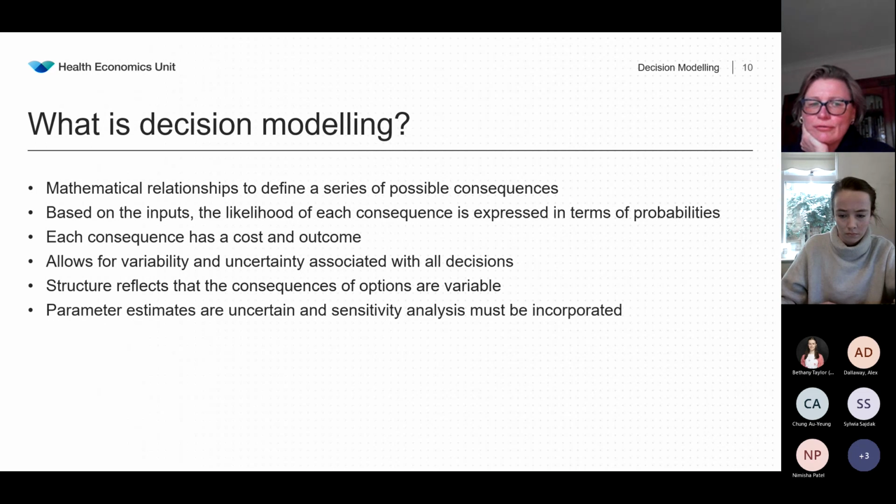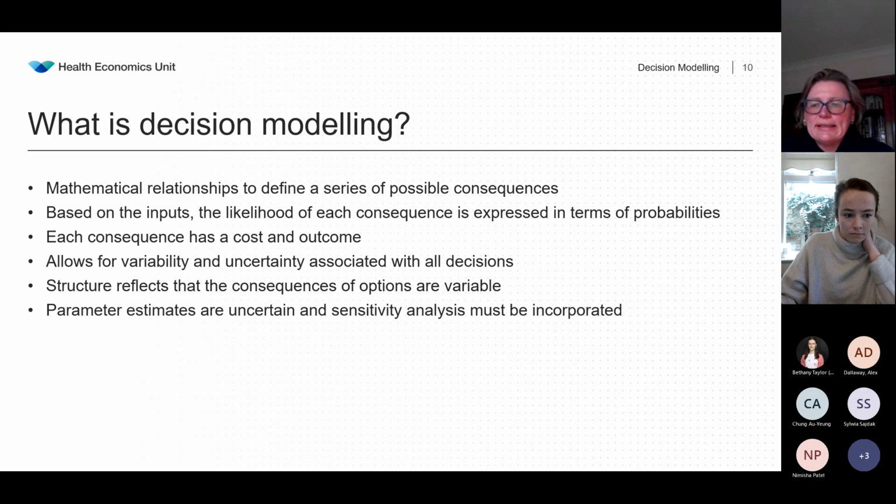Decision modelling also allows for variability and uncertainty associated with the decision-making process. So you can think of apparently identical patients responding differently to a given intervention. Sometimes it could be characterized with a dichotomous event, such as response or no response to treatment.